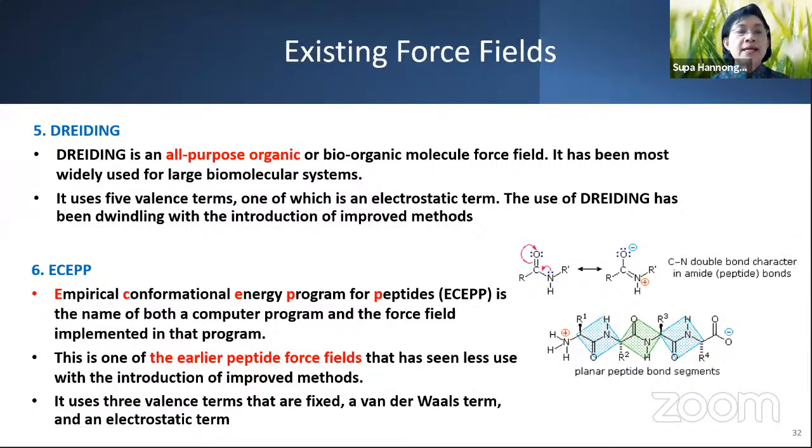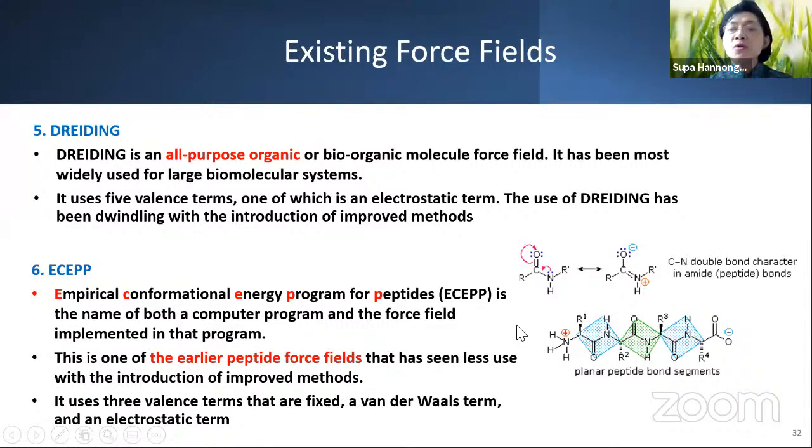It is one of the earlier peptide force fields that has seen less use with the introduction of improved methods. It used 3 valence terms, a fixed van der Waals term and an electrostatic term.